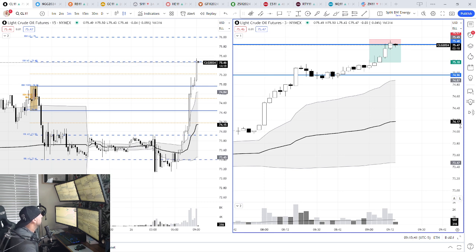Chop, then you get one nice flush down. That would be nice. The 40s, low 40s, 30s.